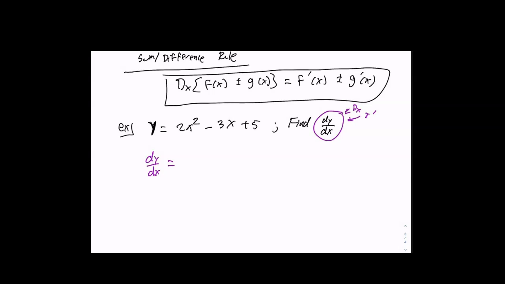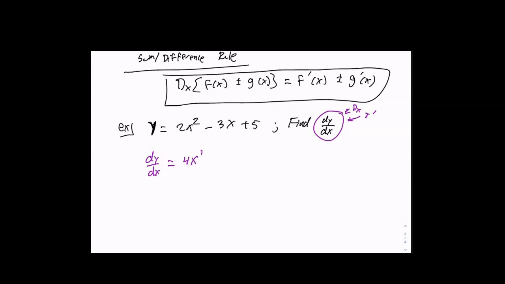The first one, 2x squared, so the power 2 comes down. Give me the full answer: 4x to the 1. Then the derivative of the second one? It's a linear function.